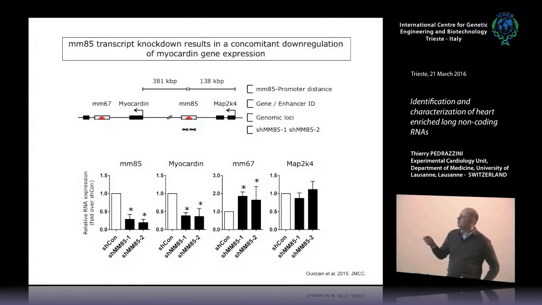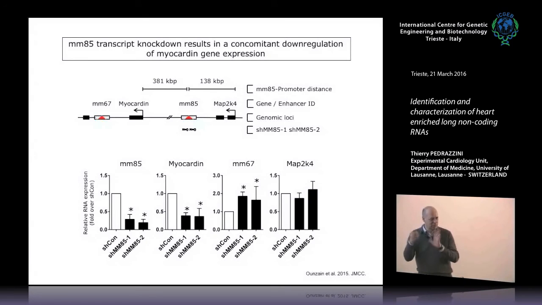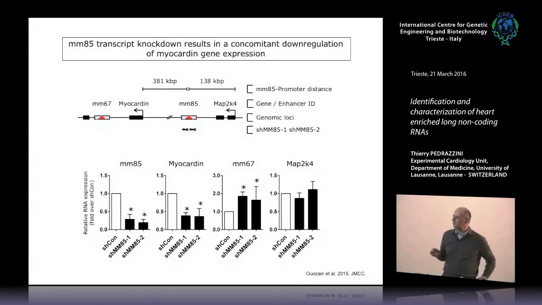So we use a short hairpin in this case to target this MM85 transcript. And what you see immediately is that you can downregulate this one, and the cognate gene, myocardin in this case, is downregulated as well. And this is actually a gene that is closely associated to the enhancer, even closer in terms of location in the genome, but it's not affected. So it's very specific.